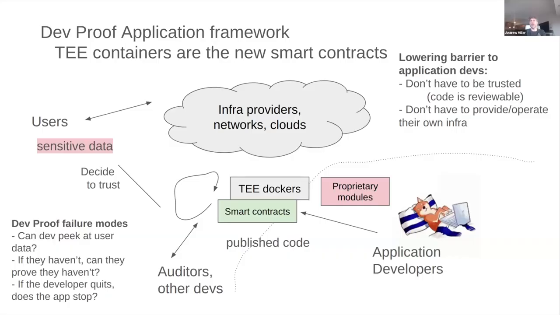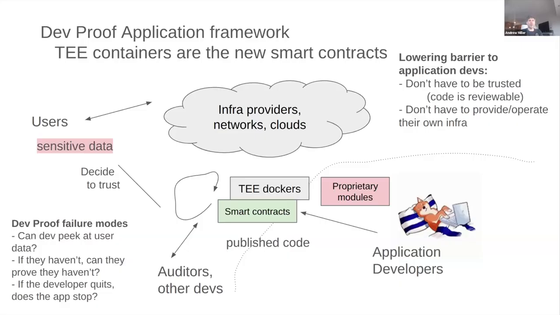I aspire for TEEs to be able to do, which is essentially the fullest form of dev proofness. I can backtrack a little. I think that smart contracts are the best instantiation of this dev proof concept.